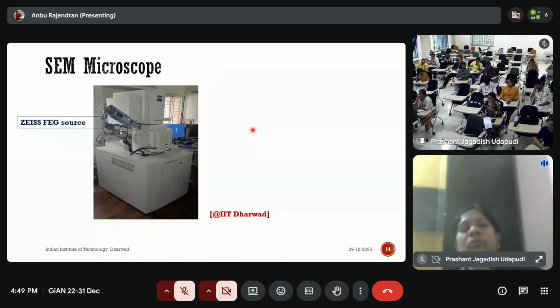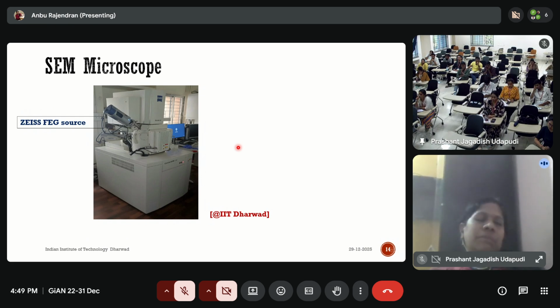Okay, so another tool is SEM. You might have heard of that. The major limitation of the optical microscope is the magnification. You can magnify up to 2000 times for any of the samples. Beyond that, if you want to look into any details, you need different equipment.